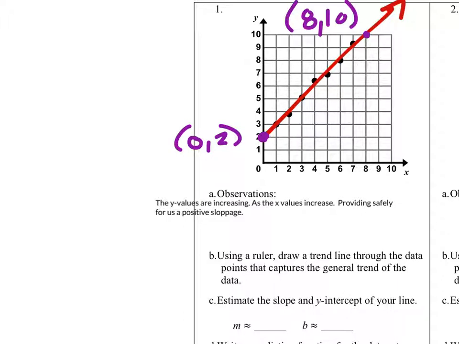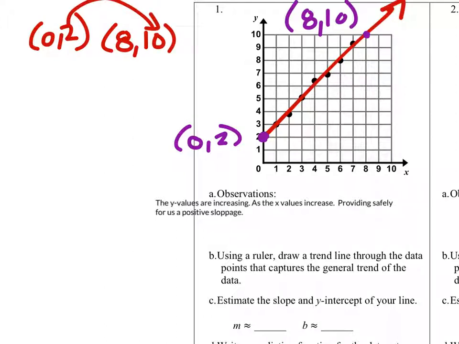Slope. So we got 0, 2, and we got 8, 10. So I'm going to use the rainbow method on this. From 2 to 10, I got my rise, which is going up 8. And from 0 to 8 is to the right 8, which gives me a slope of 1. So down here I can fill that in, that my slope is 1.